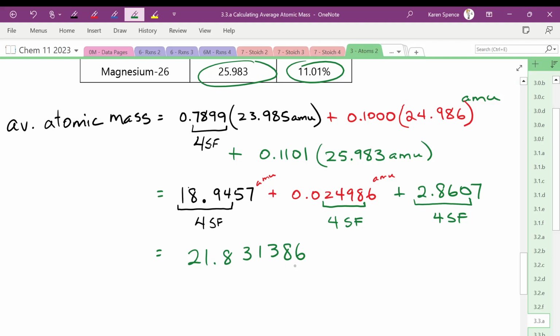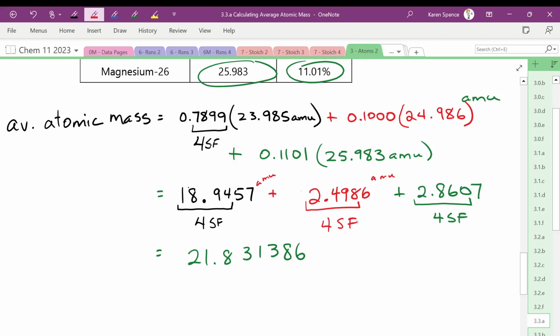Let me try it again. 0.7899 times 23.985 equals, okay, that one's correct. Oh, this should be 2 point. Oh, silly me. This should be 2.4986 AMU. That's better. And this would have 4 sig figs.